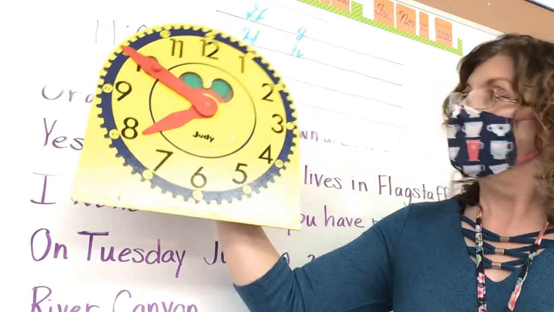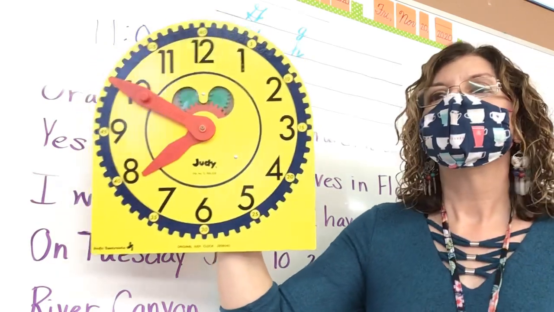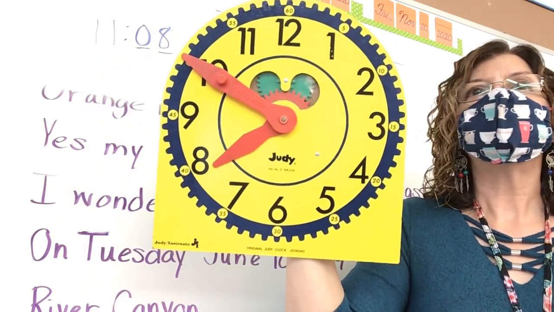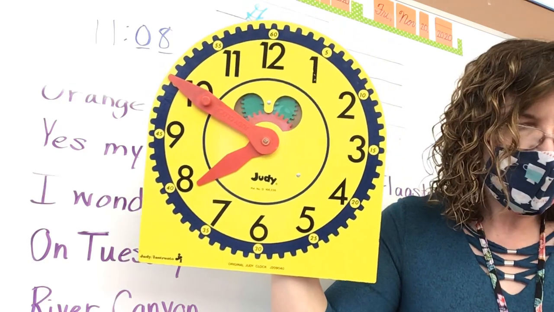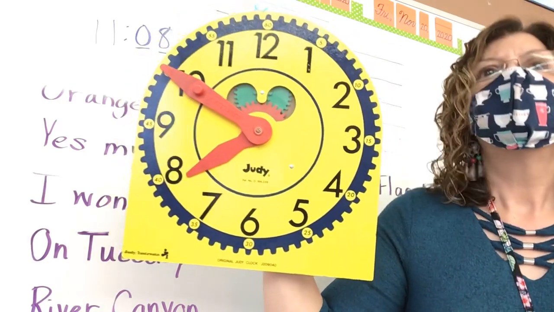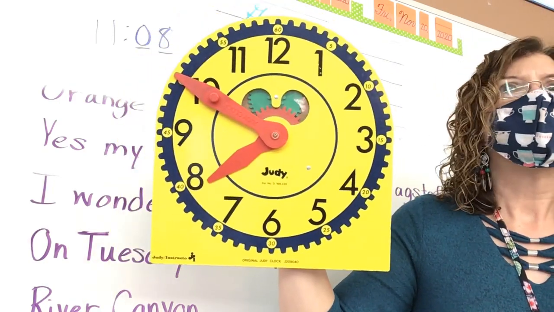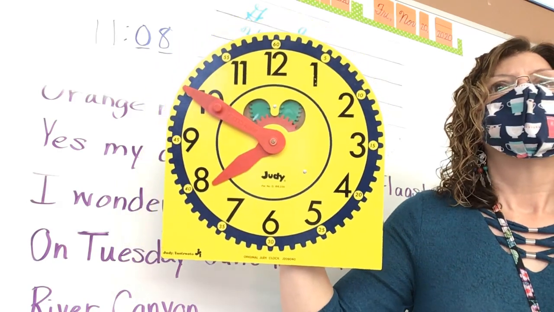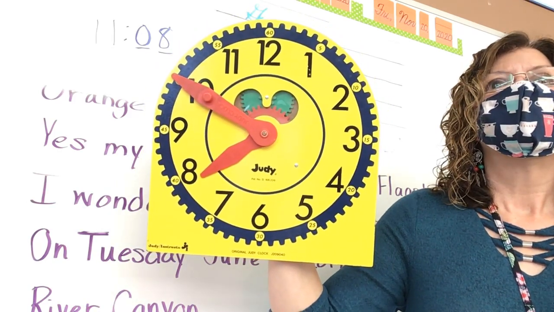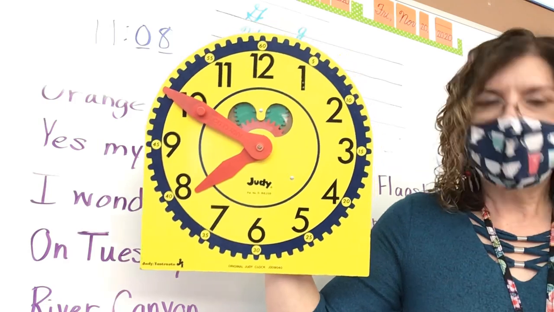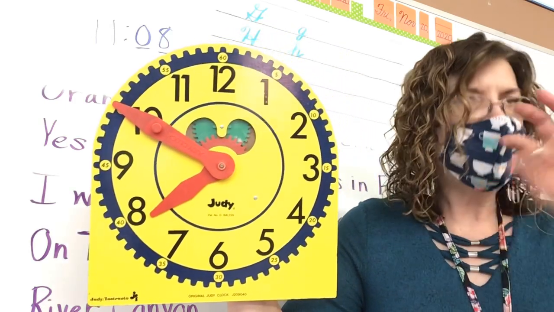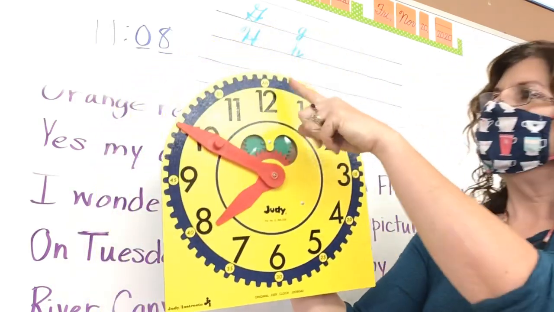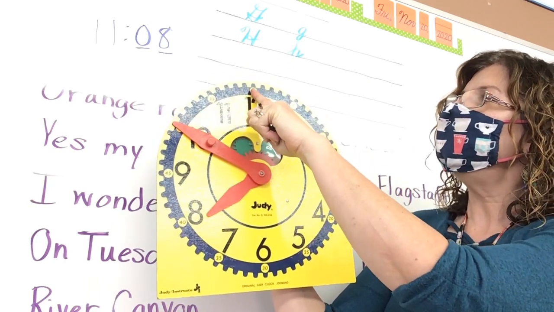All right, Abby. Past 7. Very good. So our hour is 7. And your minutes? 50. Very good. 50. And it is right on the 10. So now let's go backwards. So go up to the 12.